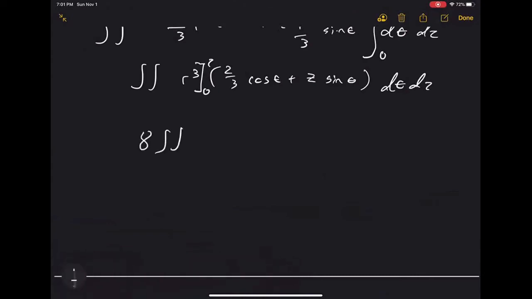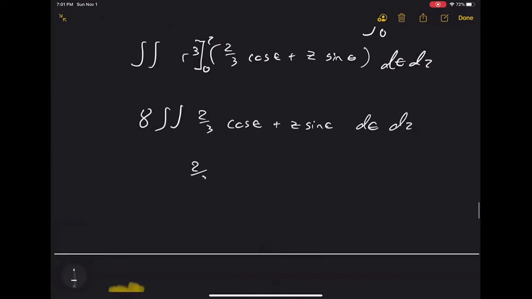Let's go ahead and pull that 8 out. I have 2/3 cosine theta plus z sine theta. Now I integrate in terms of theta. I get 2/3 sine theta minus z cosine theta, evaluating from 0 to 2 pi.